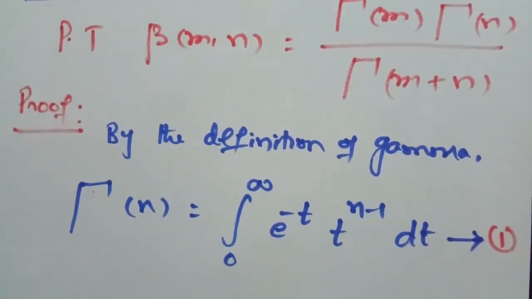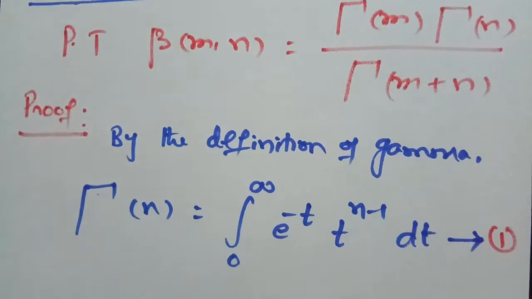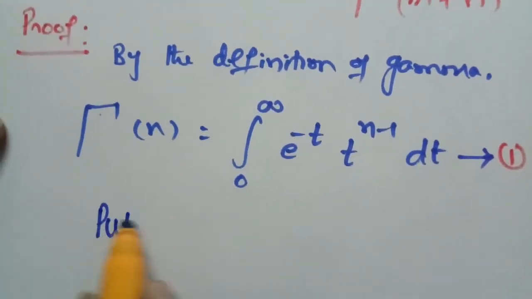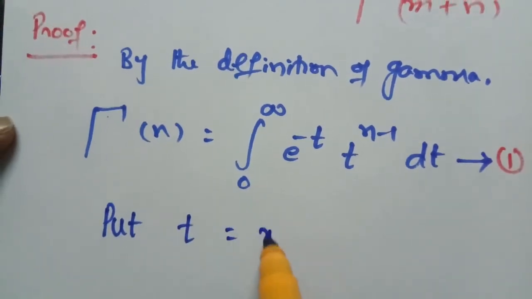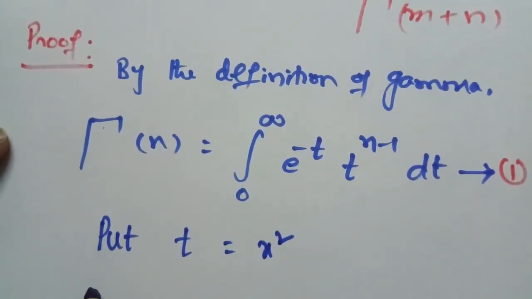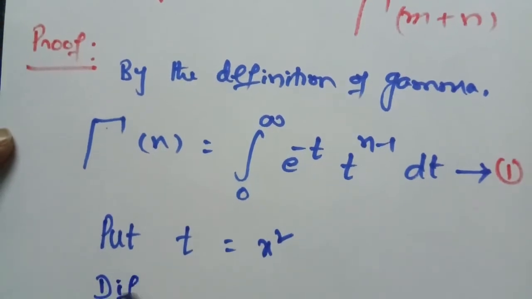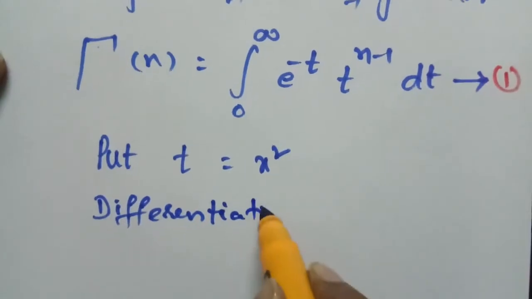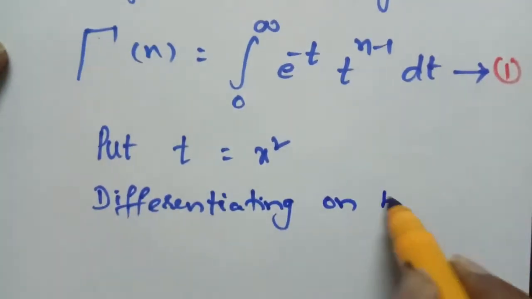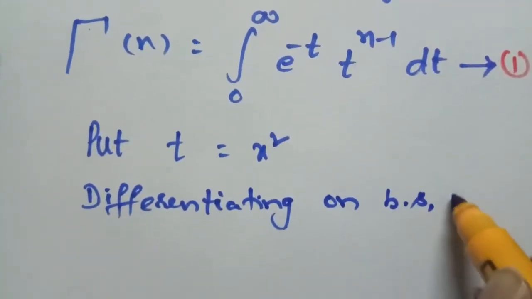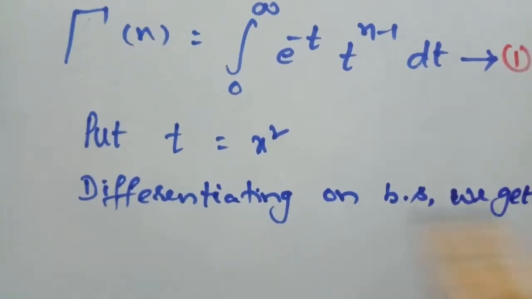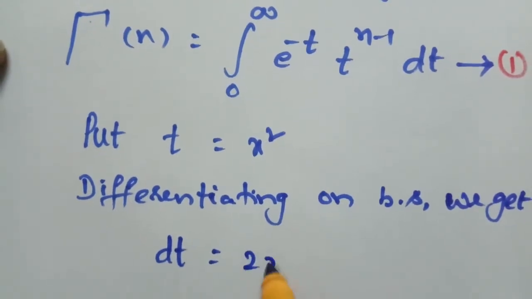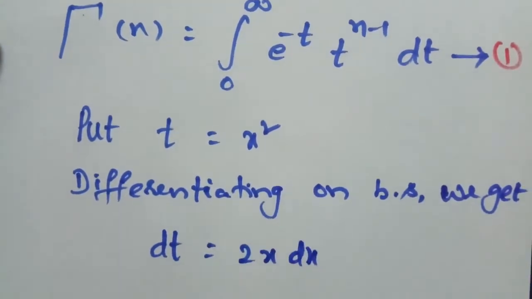Integration by substitution, put t equal to x square. Now differentiating on both sides, we get dt is equal to 2x into dx.